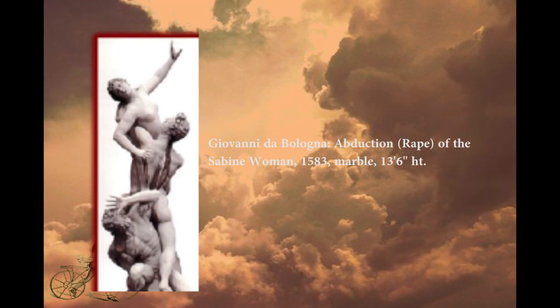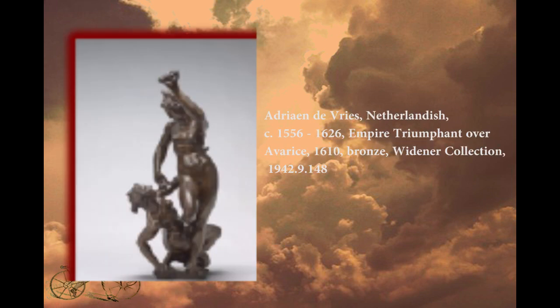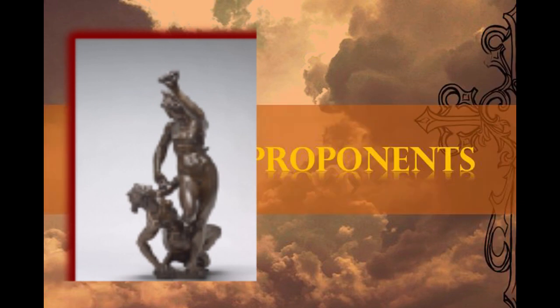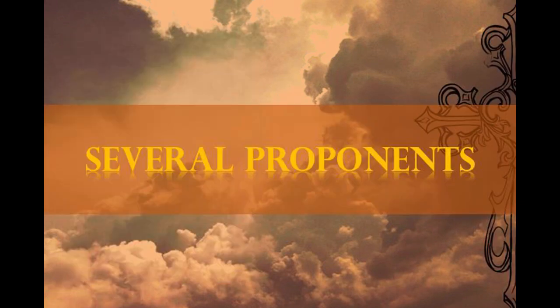Giovanni da Bologna, Abduction (Rape) of the Sabine Woman, 1583, marble, 13 feet 6 inches in height. 2. Adriaen de Vries, Netherlandish, circa 1556 to 1626, Empire Triumphant over Avarice, 1610, bronze, Widener Collection, 1942.9.148.